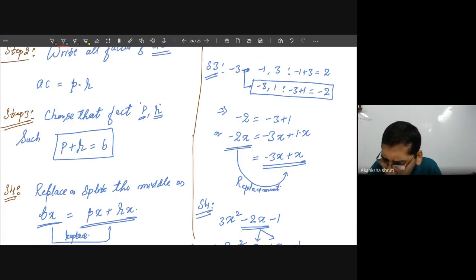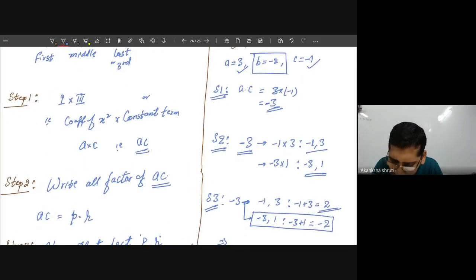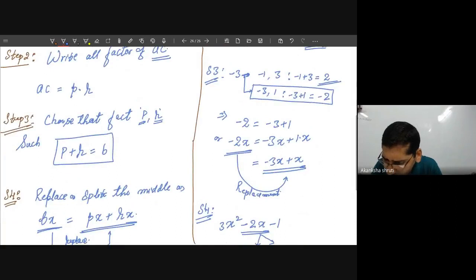Why have I not chosen this 2? Because the middle term here is minus 2. तो साइन बहुत ही इंपॉर्टेंट है. So that's why we cannot choose this 2. We have chosen this minus 2. So how have we obtained that minus 2? Minus 3x plus x.